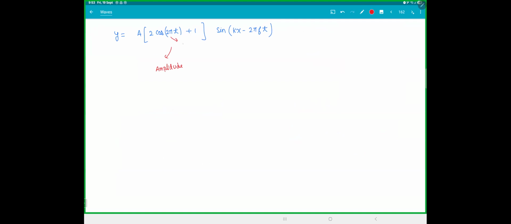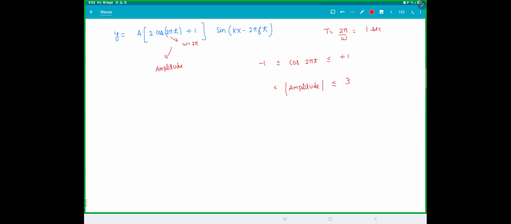And you can clearly see here omega is 2π. That means the time period is 1 second. And look at that function there. If you look at the cos function, cos 2πt can go from +1 to -1. That means this amplitude value, if you just look at the magnitude, when it is +1, it will go to 3.